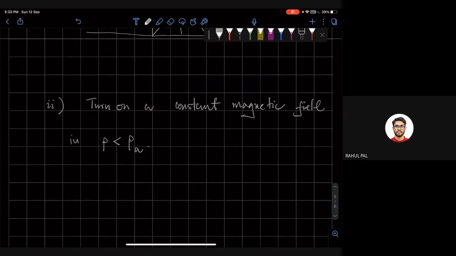Now let's see what kind of vector potential does this give rise to.